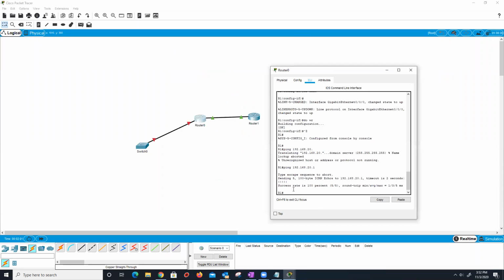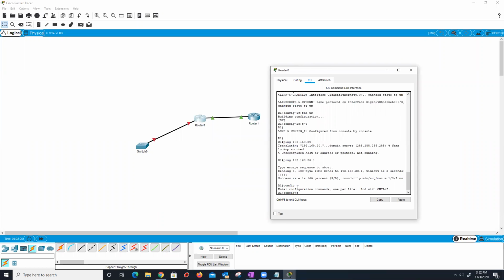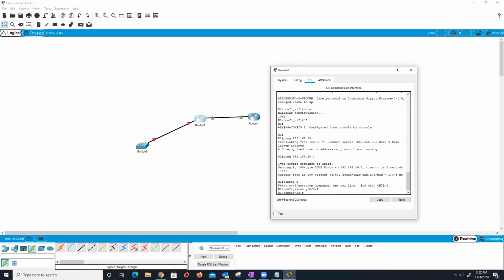But now I'm going to go to my inside interface, config T, and I'm going to go int gi0/0/1. And I'm going to try to put in the IP address of 192.168.20. And let's go look at our example here.